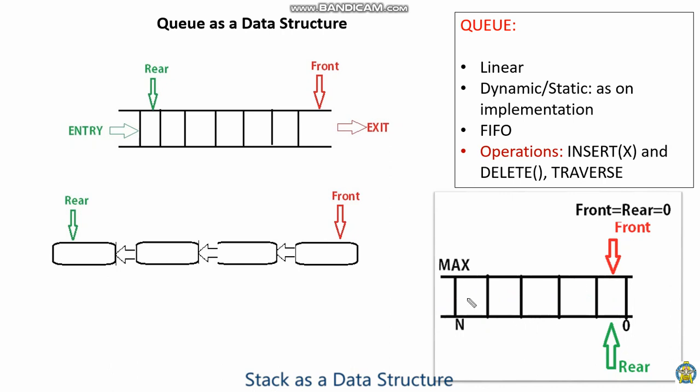A circular queue is nothing but we connect this in a circular fashion. We connect rear and front together, then items move in circular fashion. So when I know there is no item here, I can always proceed and move to the next.